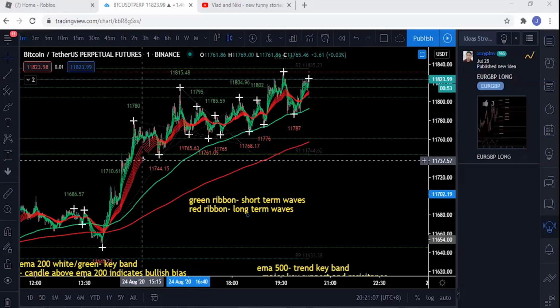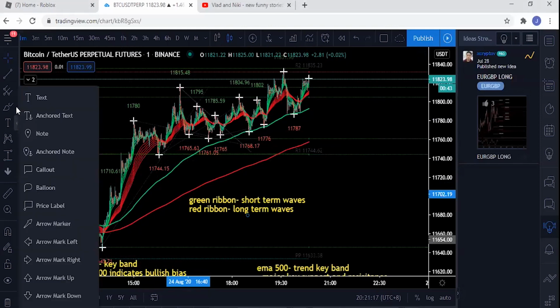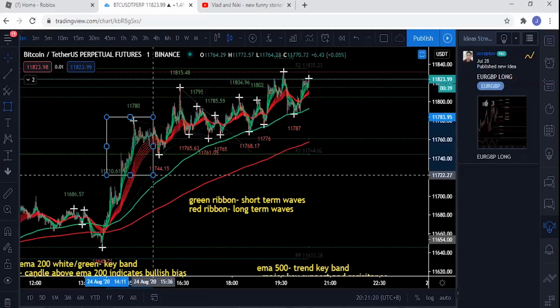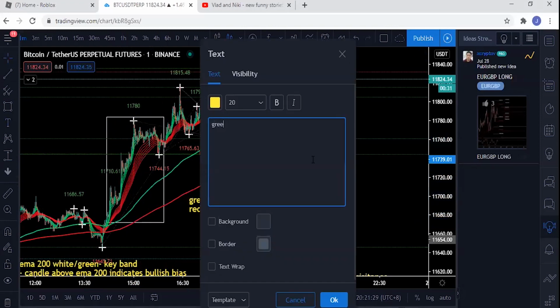Green ribbon over our red ribbon, this area here, indicates that there is a bullish move in our price action, or our price is going to go up.